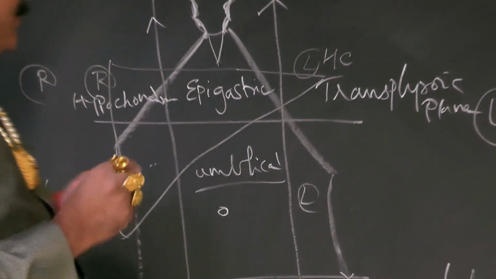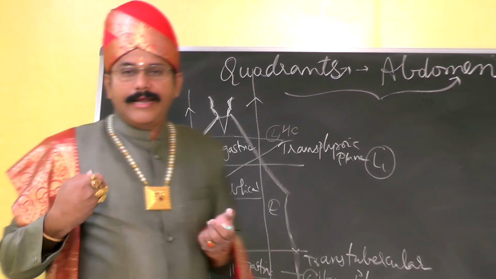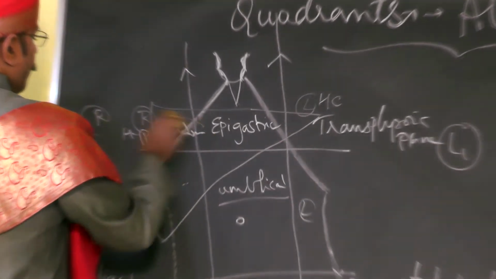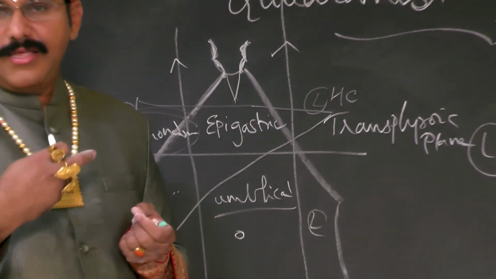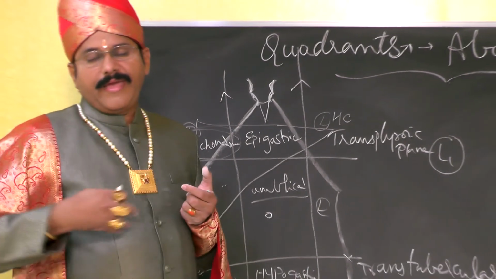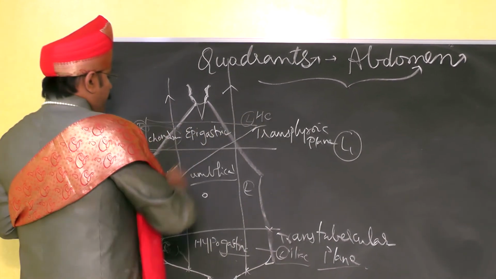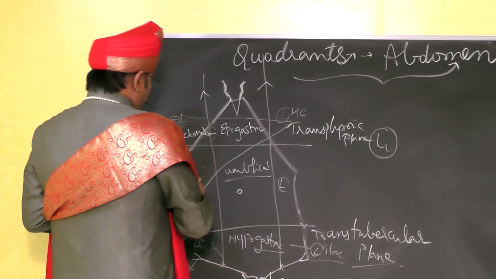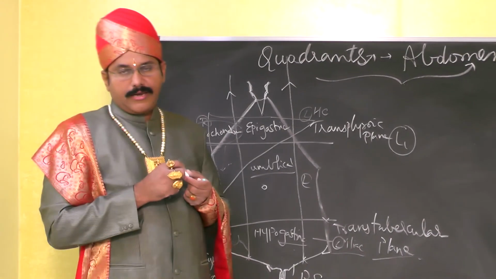Some part of the umbilical region it may or may not extend into, but it is present predominantly in the right hypochondrium, which is occupied entirely by the liver.